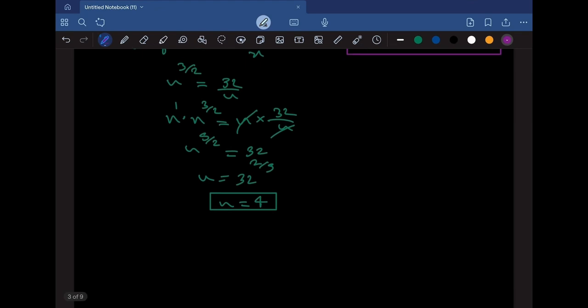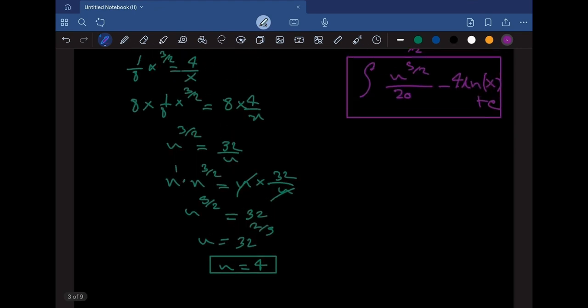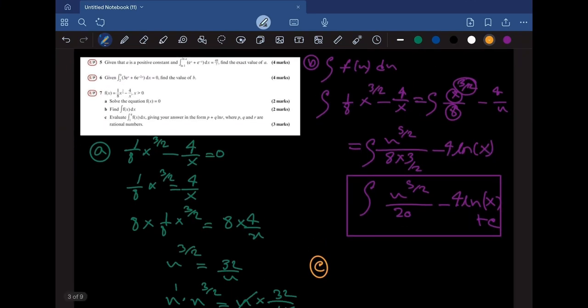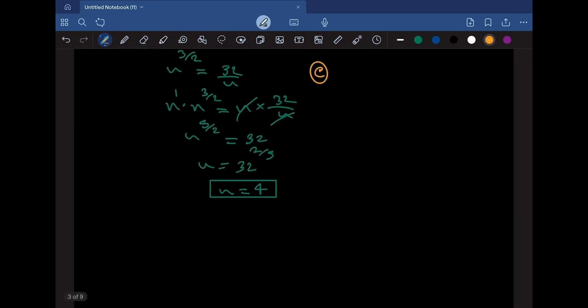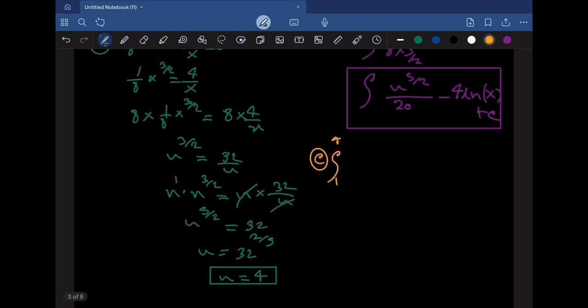Now moving forward to part C, what did they ask us to do in part C? In part C, they have asked us to evaluate and give our answer in the form of p plus q ln r. Okay, so we know the limits that they have given us are 4 and 1 for this one. x^(5/2) divided by 20 minus 4 ln x.